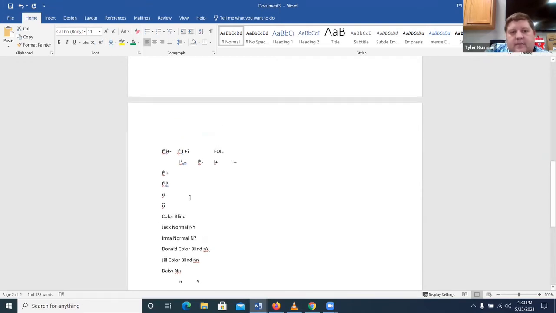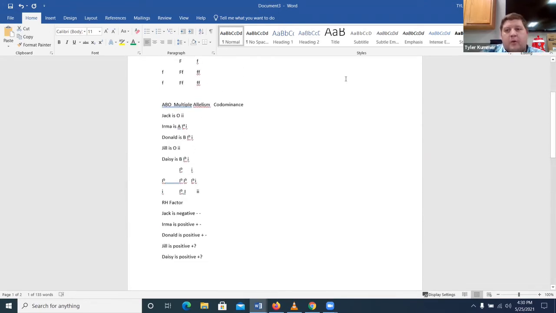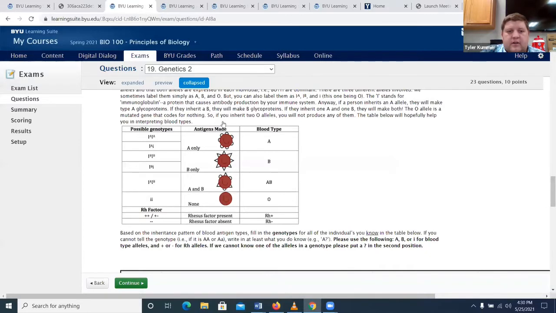Incomplete dominance is a little bit different than codominance, okay? Rather than having both phenotypes show up, in that case, we're going to get an intermediate phenotype, okay? So we're not going to end up with one or the other. We're going to end up with kind of an in-between.